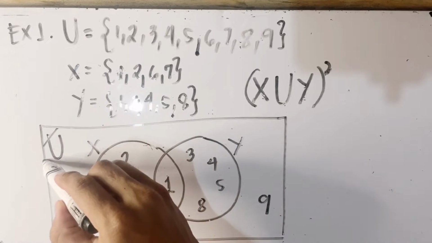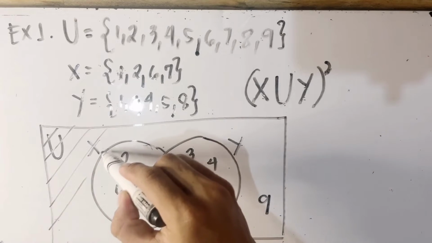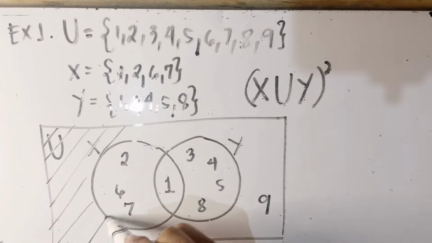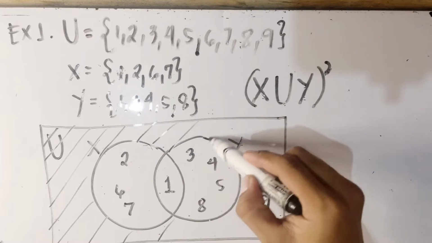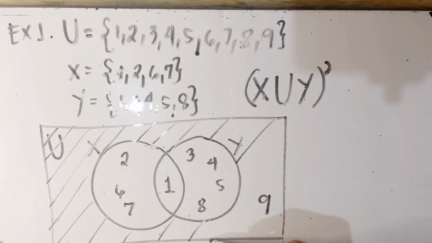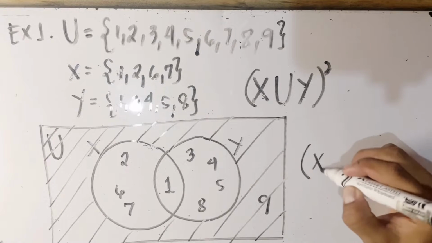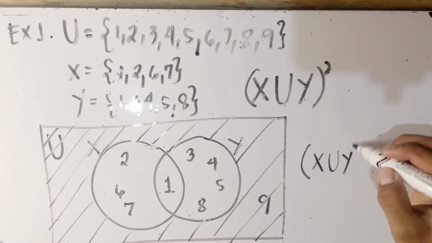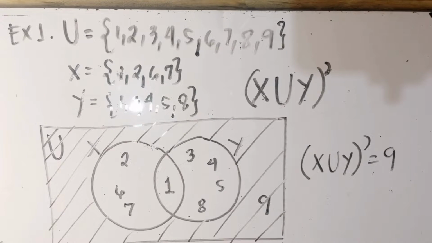Again, what is to be shaded is outside the circles. And the answer for that one is 9.